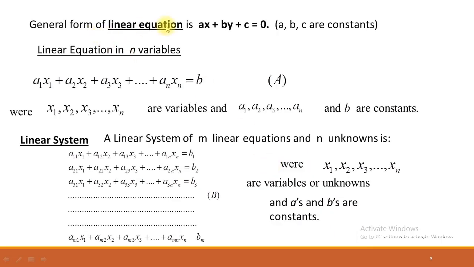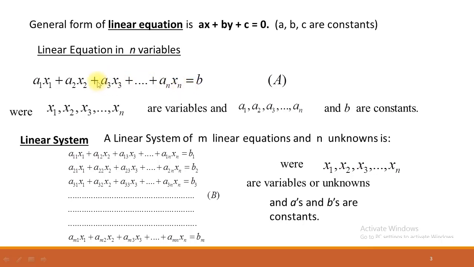Now the general form of a linear equation is ax plus by plus c is equal to 0. In this equation a, b and c are constants. Now, a linear equation in n variables: a1x1 plus a2x2 plus a3x3 plus and so on plus anxn is equal to b.